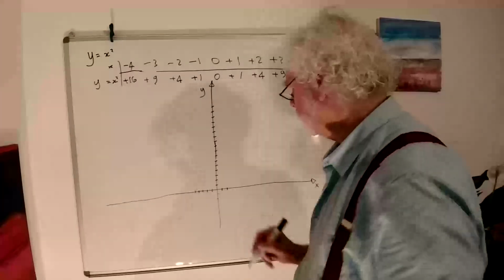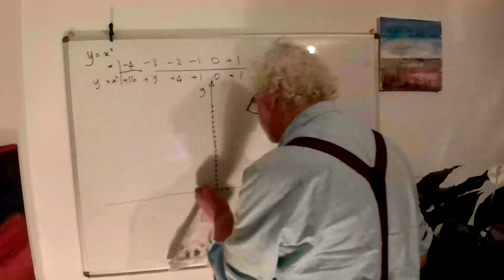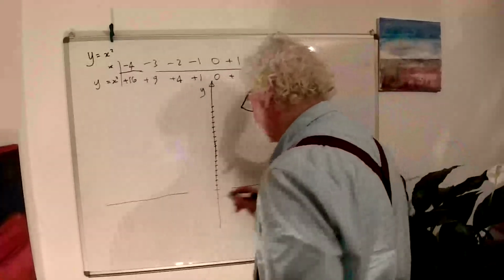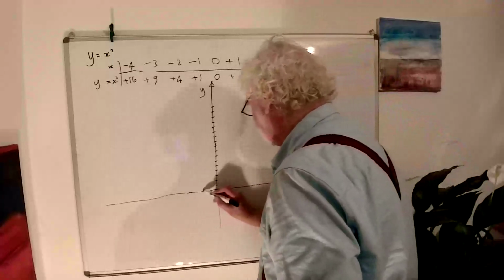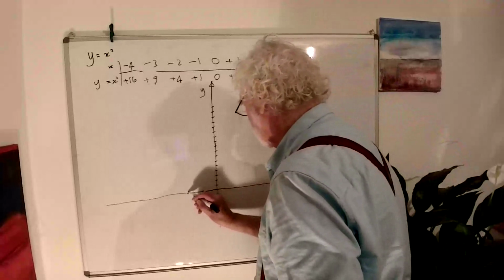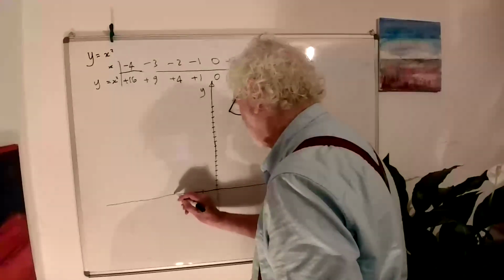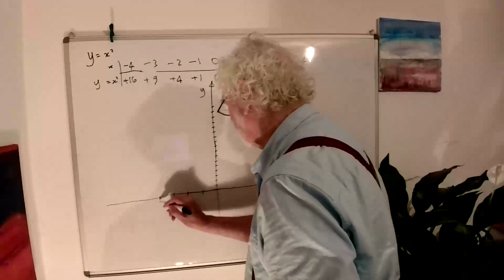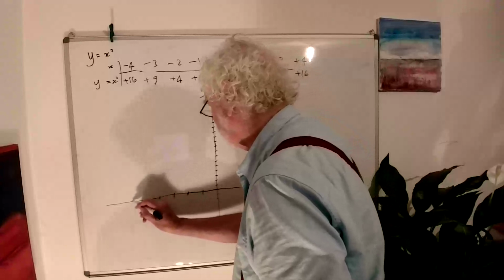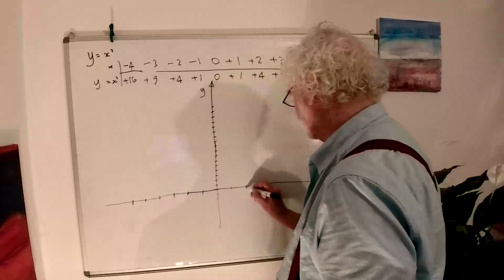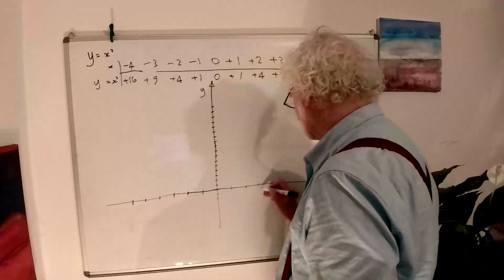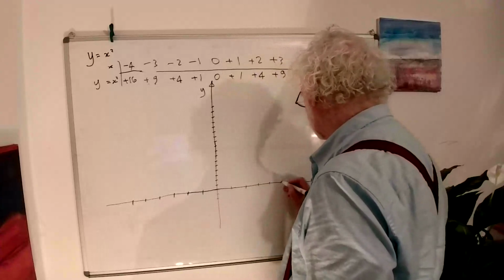Okay, I'll tell you what I'll do then. I'm going to make this scale different. I'm going to make this scale bigger. 1, 2, 3, 4, 5. 1, 2, 3, 4, 5.